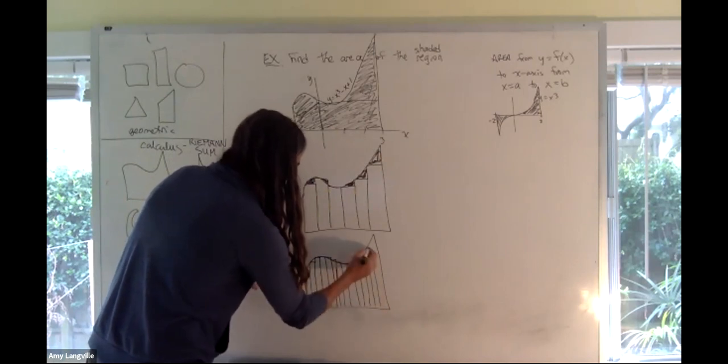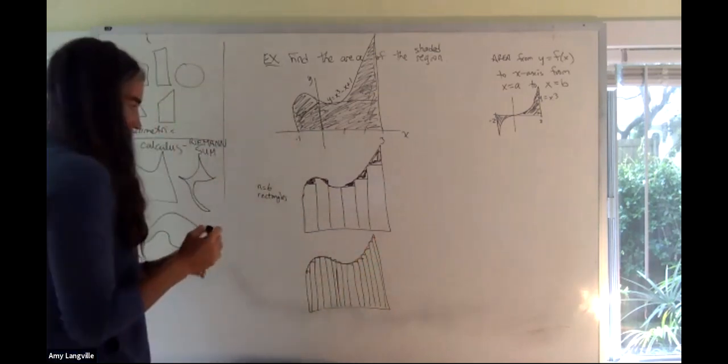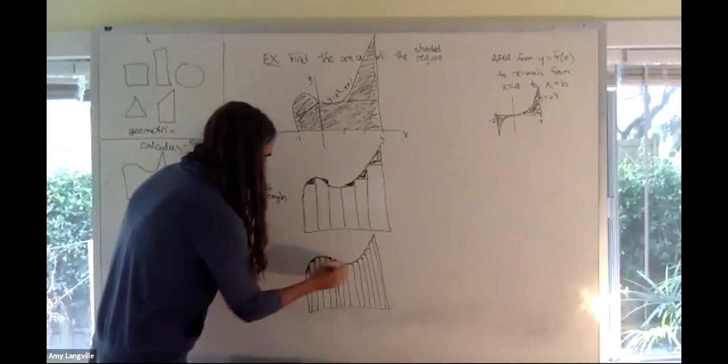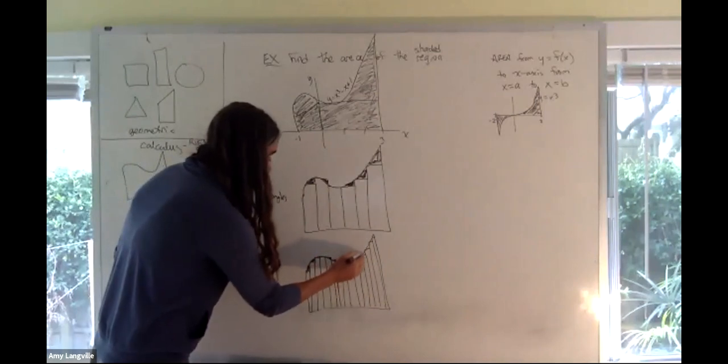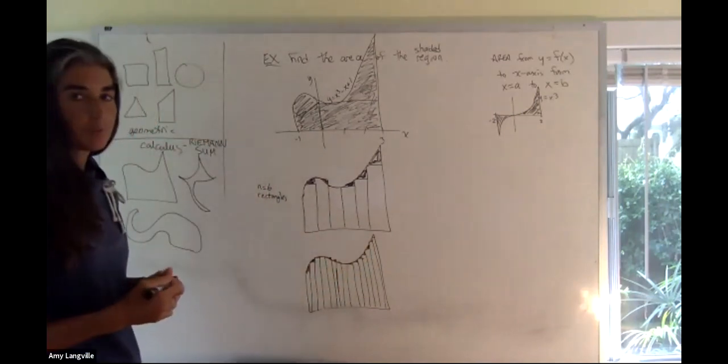Mine aren't really very uniform, but you get the idea, right? If you did all the shading of the error, there's a lot less in this picture than there is. And if I keep adding more and more, I should get better and better approximations.